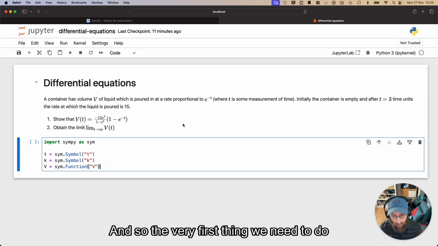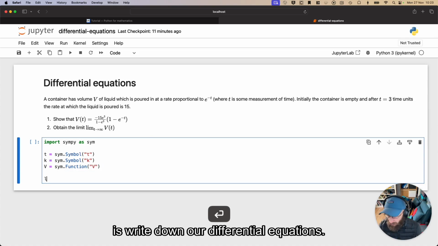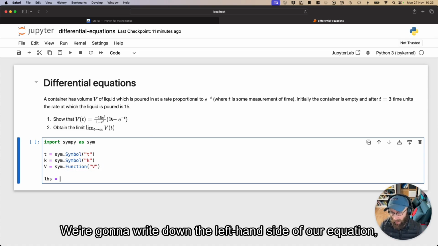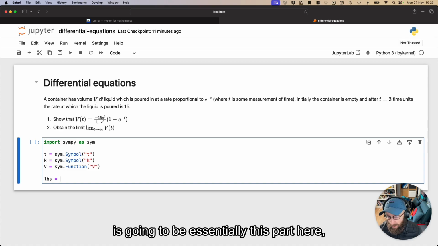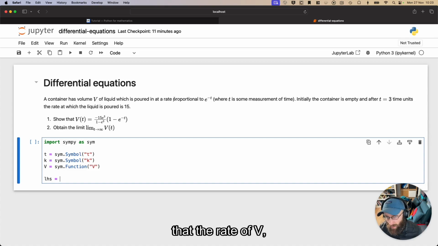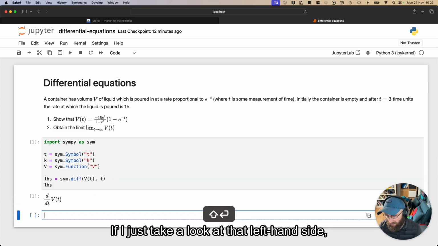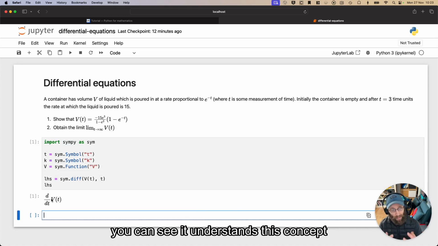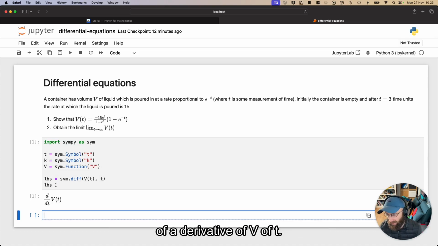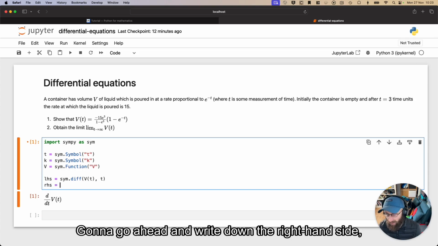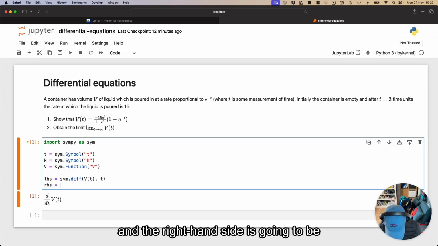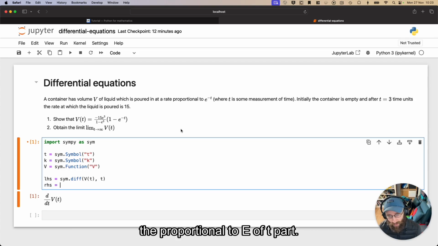The very first thing we need to do is write down our differential equation. We're going to write down the left-hand side of our equation, which is essentially the rate of change of V. So that is the derivative of V of t with respect to t. If I take a look at that left-hand side, you can see it understands this concept of a derivative of V of t. Now the right-hand side is the proportional to e to the minus t part.